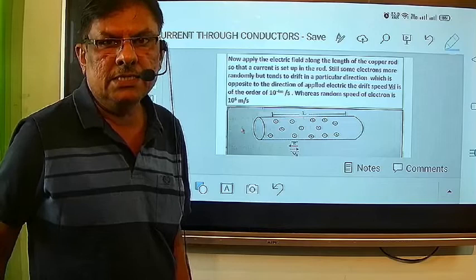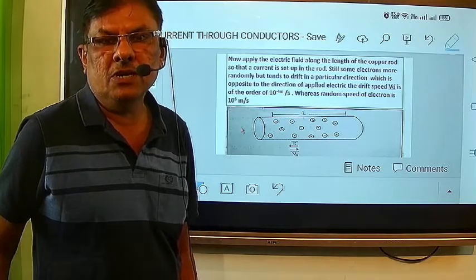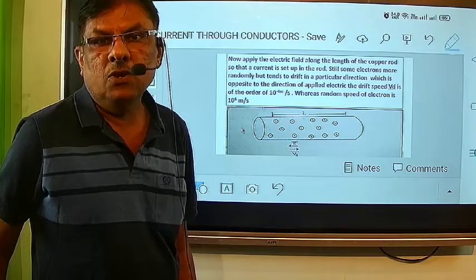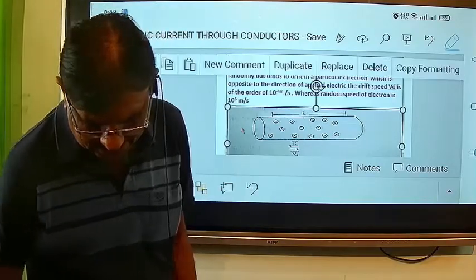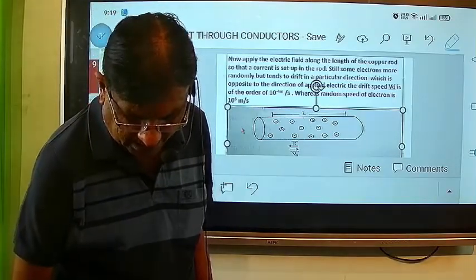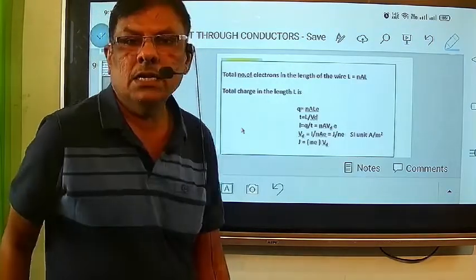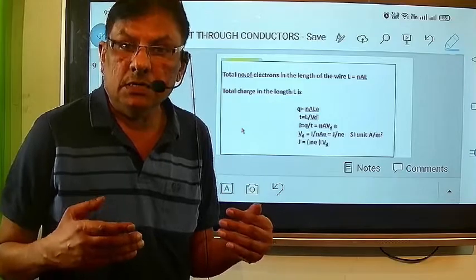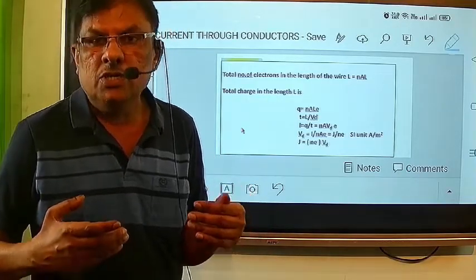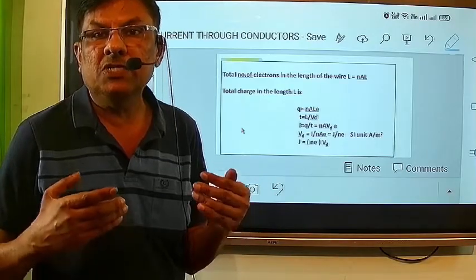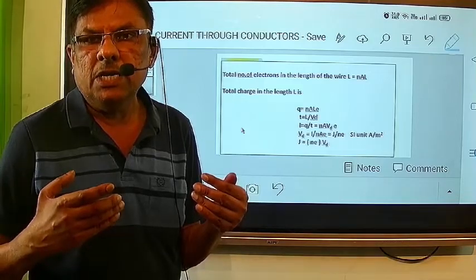And hence, the net flow of charge will not be zero. Hence, we say that when the external battery is applied, we come to the conclusion that the flow of current is not zero. You will see some current, you will experience a shock when you touch the current flowing through that conductor.